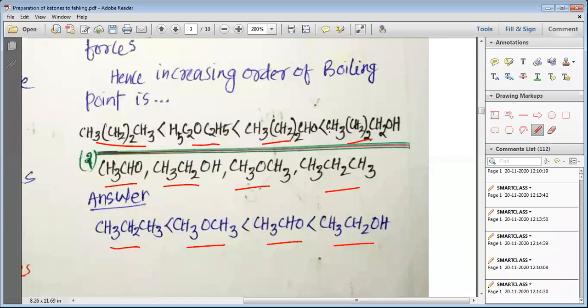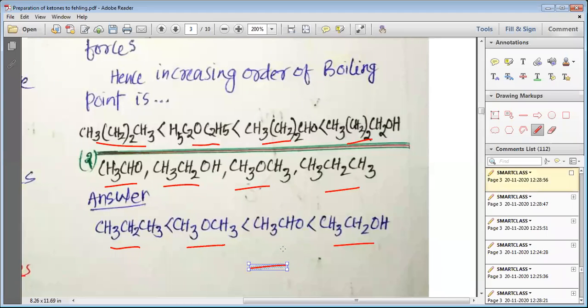Now the question arises: why does the aldehyde have a higher boiling point than the ketone? This is because of steric hindrance, my dear students.